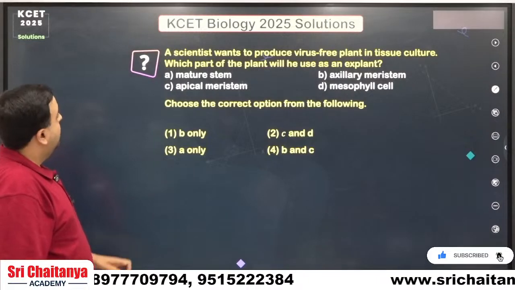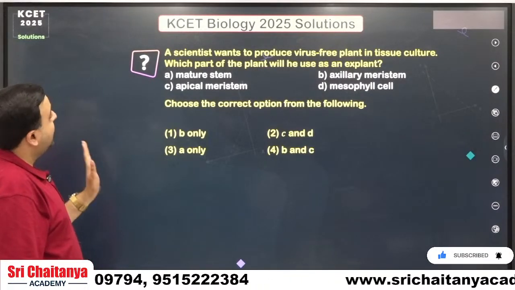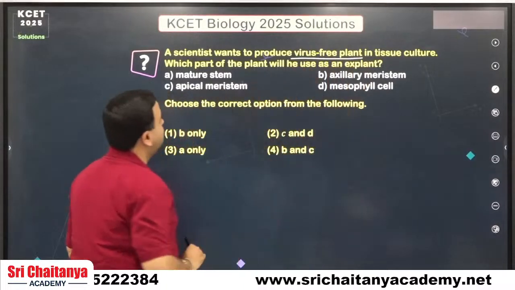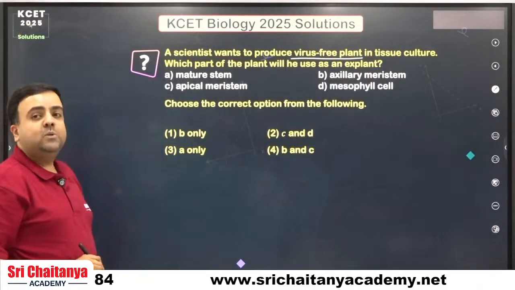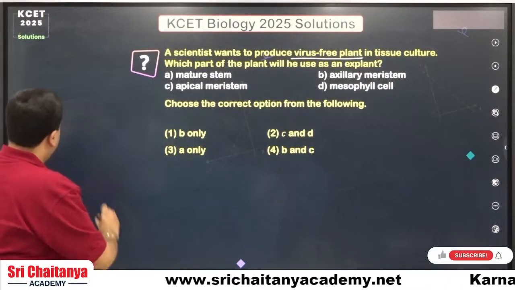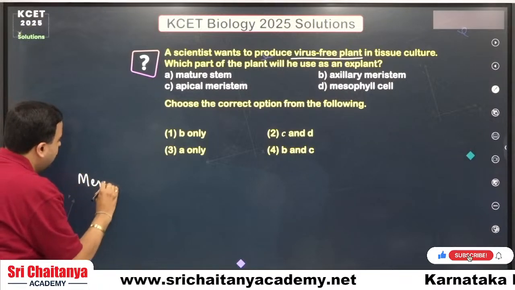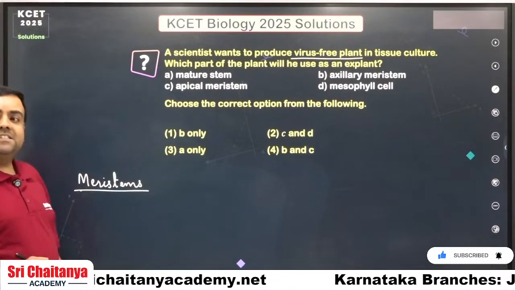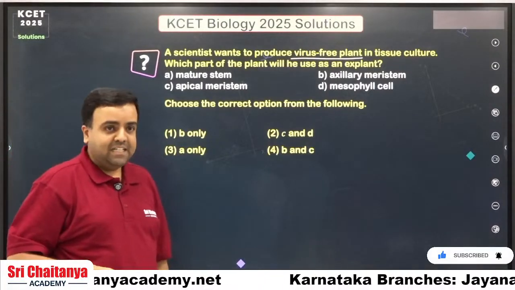Now, here is a question which says a scientist wants to produce virus-free plant in tissue culture. Which part of the plant will he use as an explant? Ideally we would remember that meristems are those cells of the plants that are in a state of continuous and active cell division.